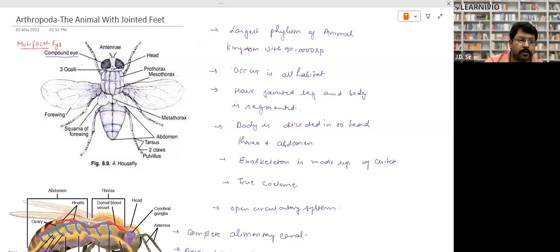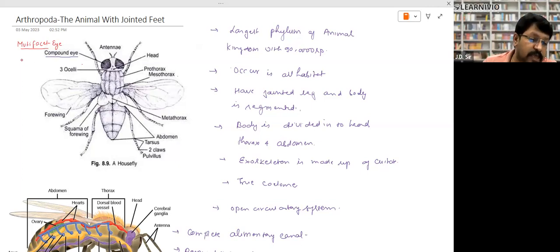Many facets. Look, our eye is made up of just one piece. It is a one-piece structure. But in the insect, the eyeball is made up of small tile-like structures. Every tile is called a facet, right?